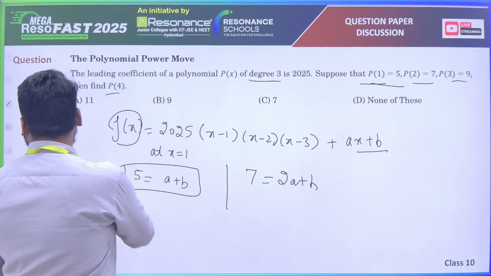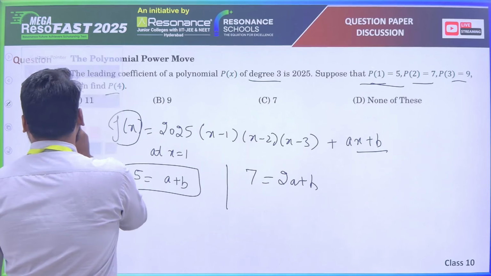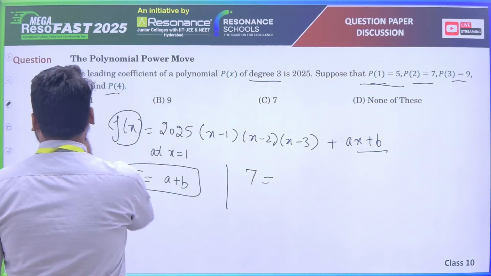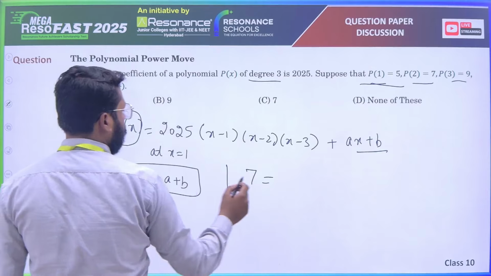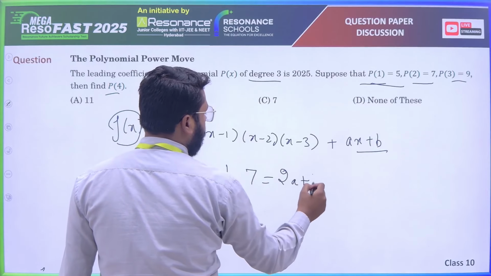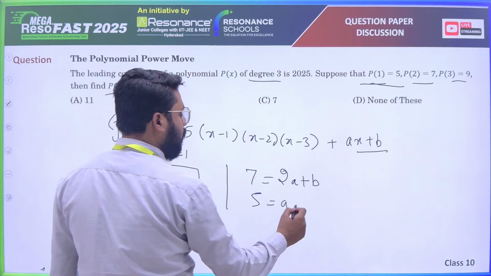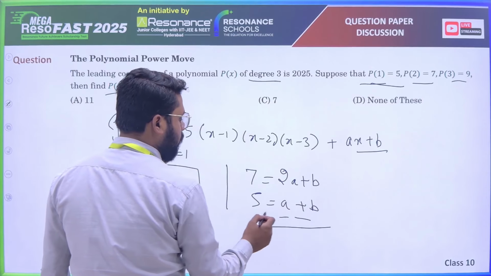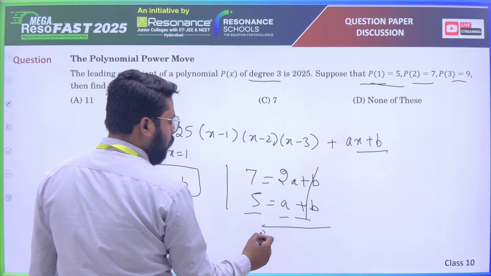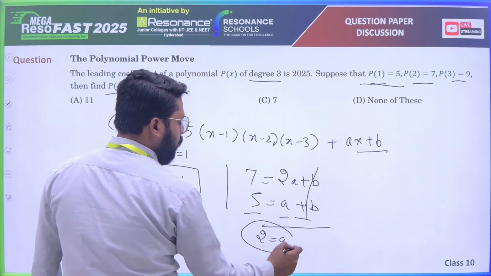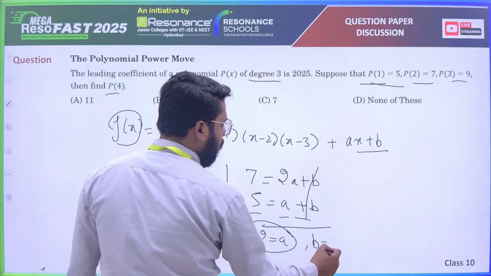Now, because we have two equations with us, we can use elimination or substitution. So 5 equals a plus b, subtraction, cancel. So 2 equals a. If you put it in, you will get b as 3.